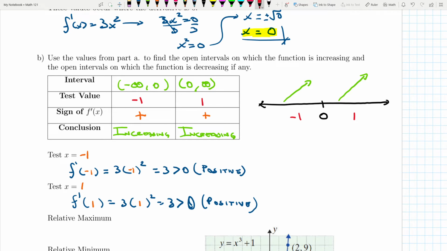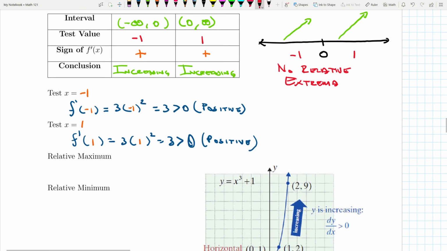For this reason, no relative extrema. In fact, we have a function that is always increasing. It's not going up and then going down, nor going down and going up. It's always going up. So when it comes to relative maximum, none of them.